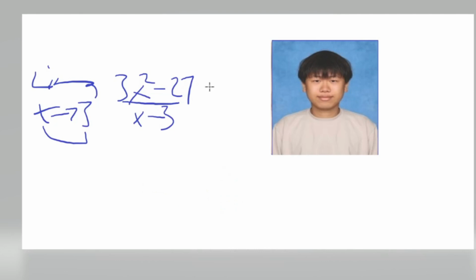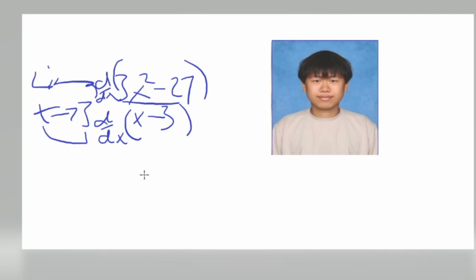So you use L'Hopital, which basically means get the derivative of both the top and bottom of the fraction. So you do d over dx of this, and then d over dx of this. These are their individual derivatives. You don't get the derivative of the whole fraction.